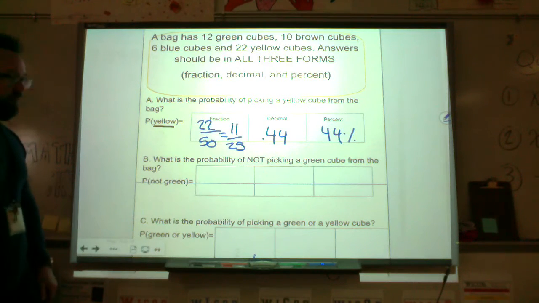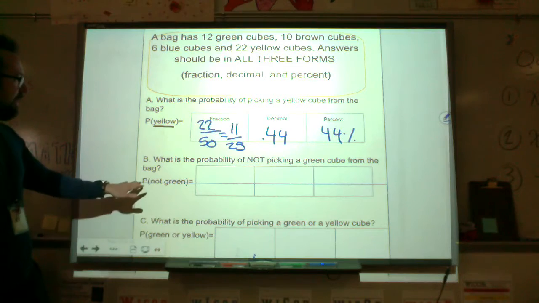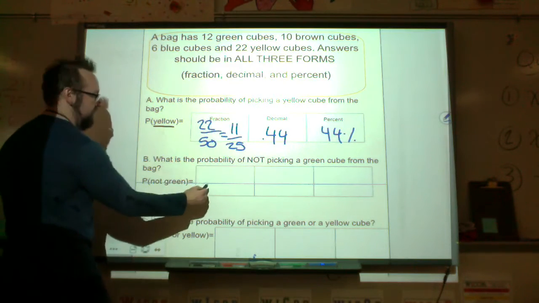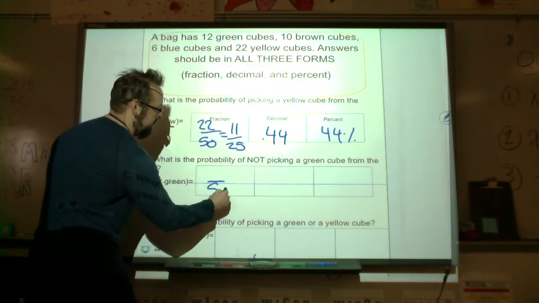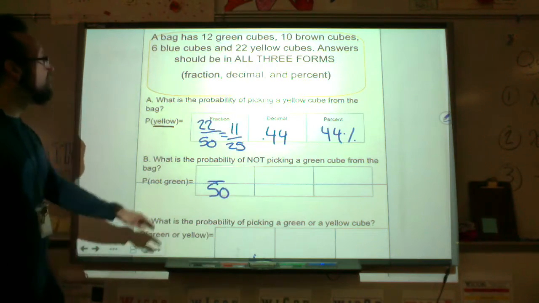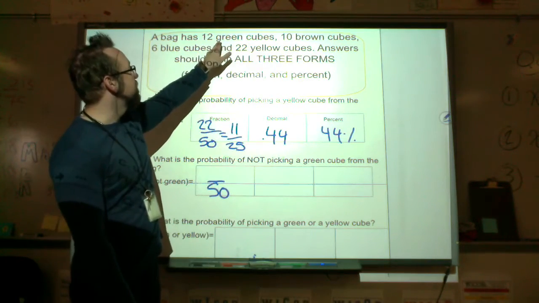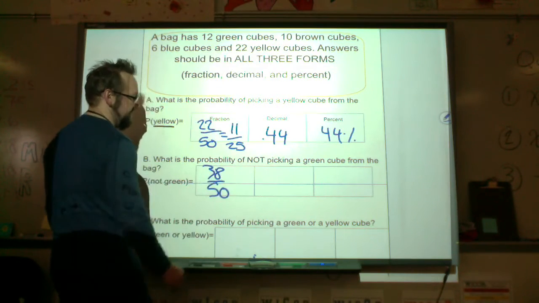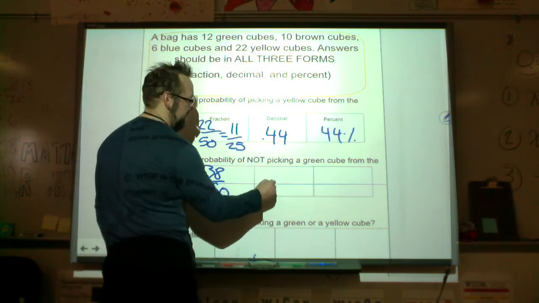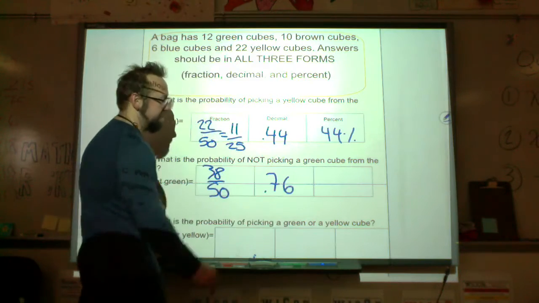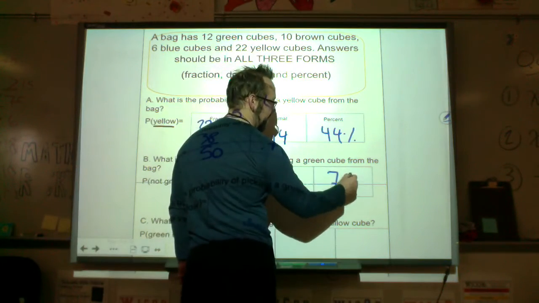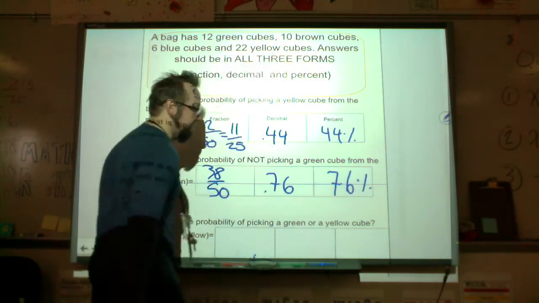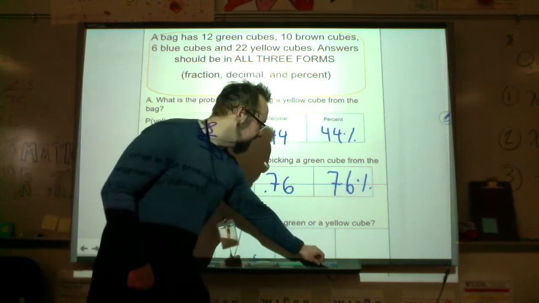If we do that one, out of 50, how many are not green? Well, we don't count the green ones, so we would have 38 out of 50. That would be 76 hundredths or 76%. Okay? Try the next one.